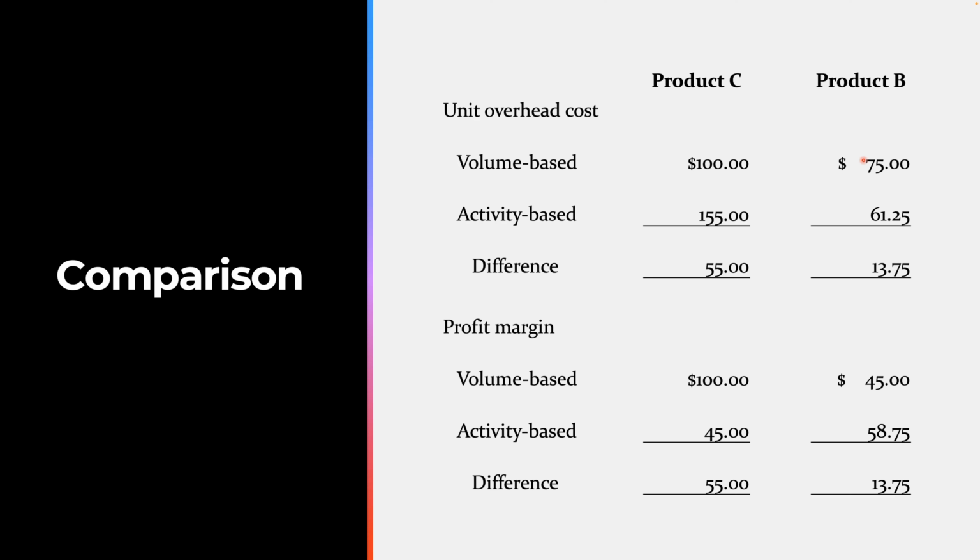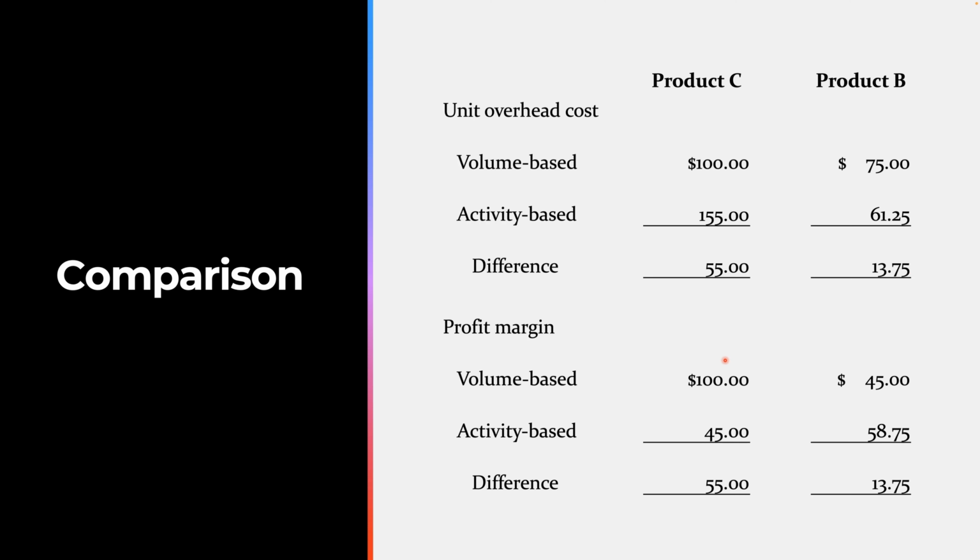Once we got more data, we were able to more accurately allocate the manufacturing overhead costs. And product C, on a per unit basis, has an overhead cost of $155 per unit, or $55 higher. And product B has an overhead cost per unit of $61.25, or $13.75 lower.